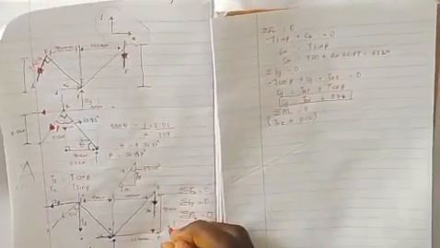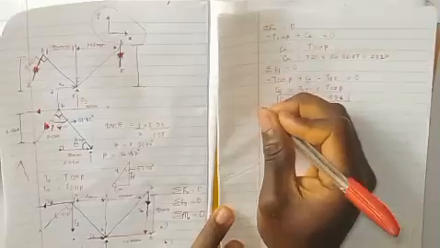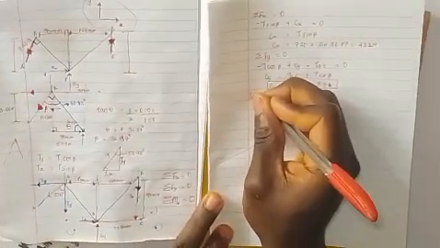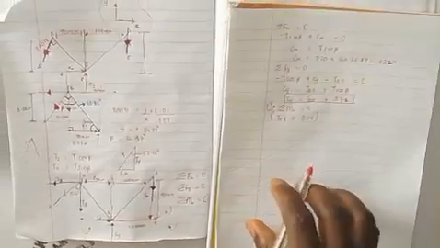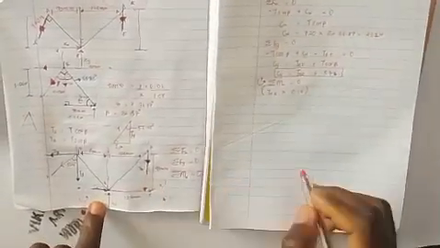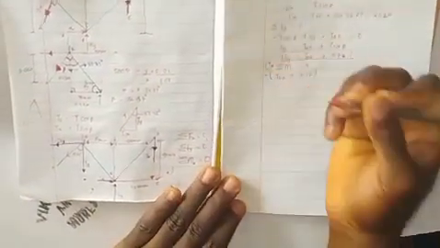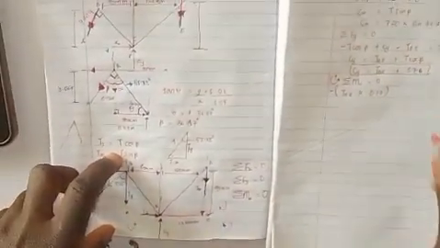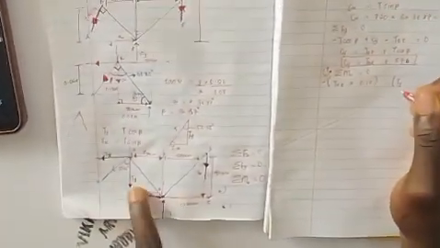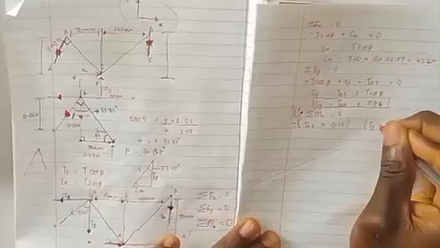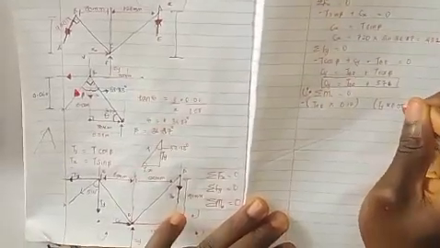Now this is coming in this direction, so let's take our counterclockwise direction to be positive. So this is coming in this direction, which is clockwise. That means this will be negative. Then the next one, we are having our Ty, which is coming in this direction. So let's say our Ty times the perpendicular distance, which is 0.08.